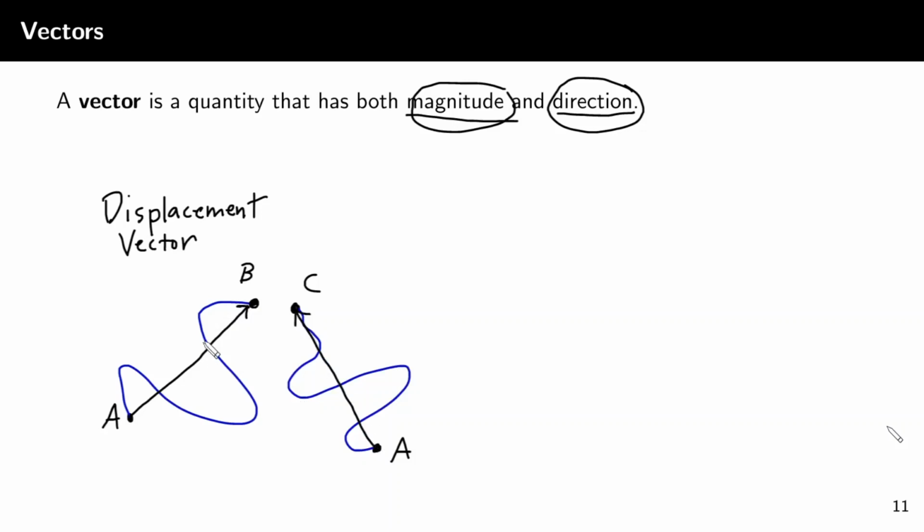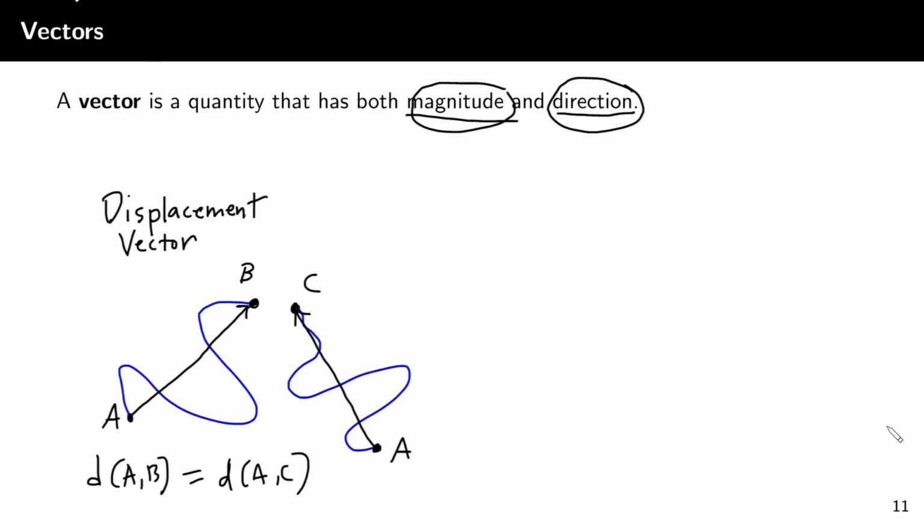Okay. So, assuming na yung distance from A to B is equal to the distance from A to C, then these two vectors will have the same magnitude, but they differ in direction. So therefore, they are different vectors.